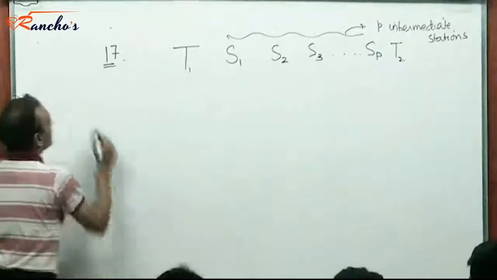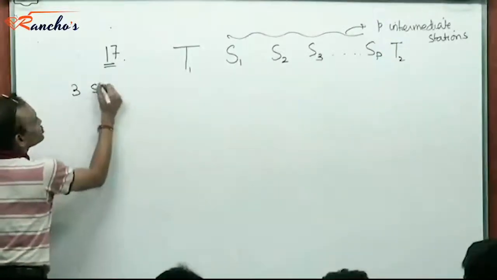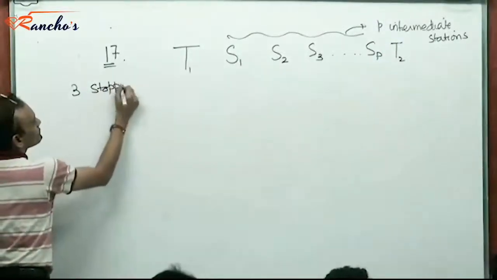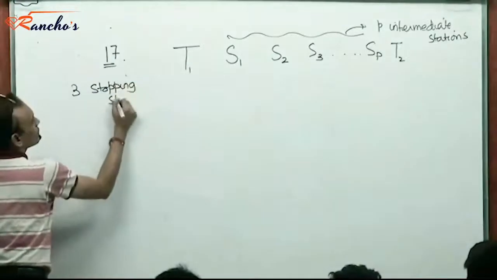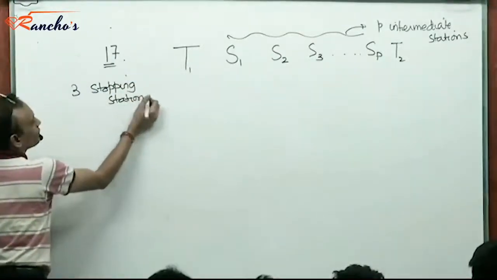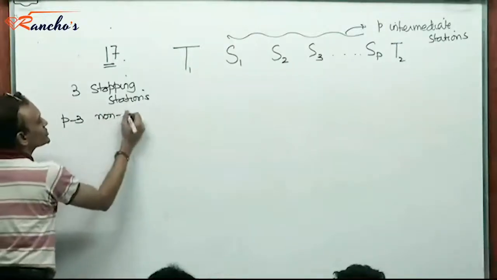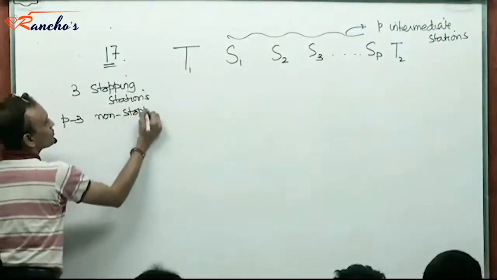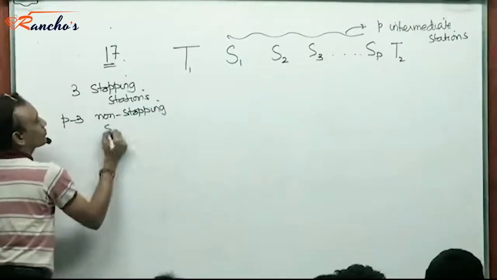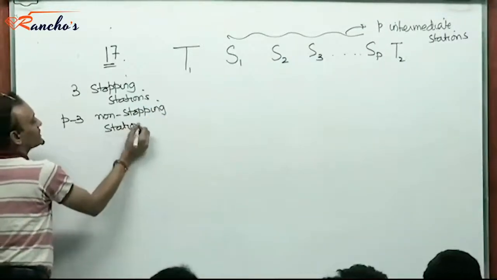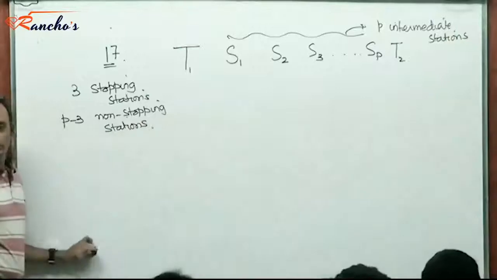So then, if 3 are stopping stations, then there are P minus 3 non-stopping stations.